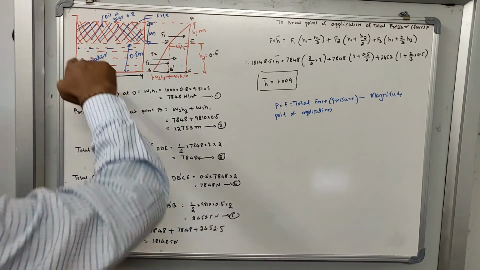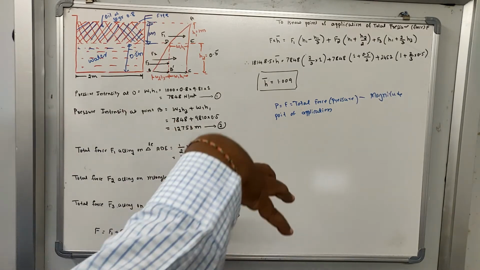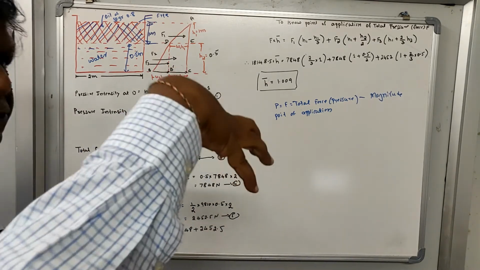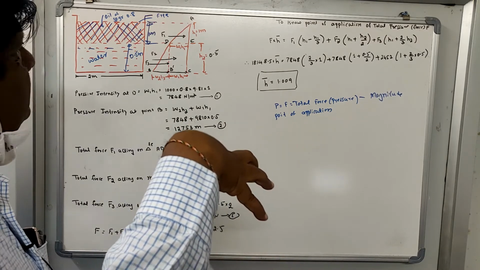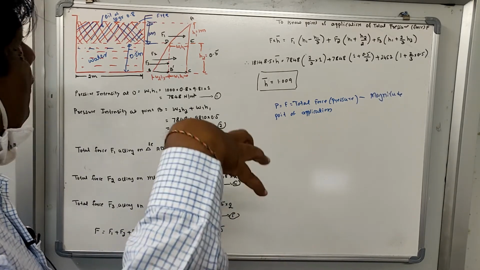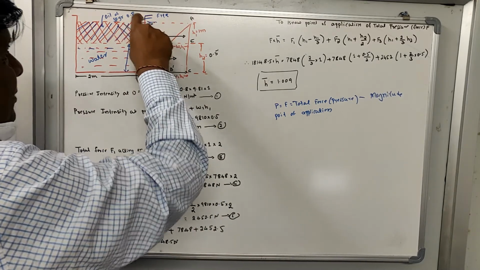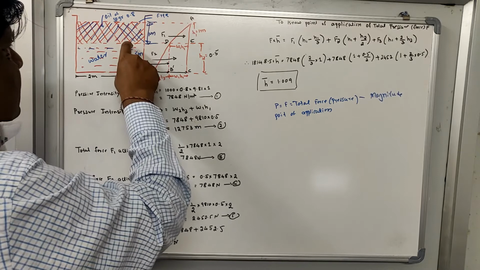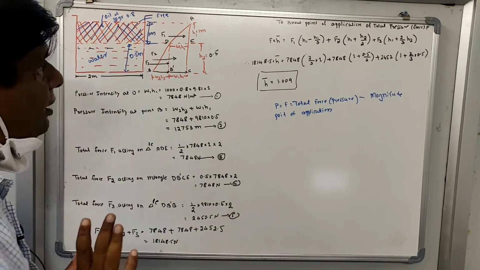This is a tank, and this tank consists of two types of fluids. The top layer is a fluid of specific gravity 0.8, and its depth is 1 meter, and the bottom layer is filled with water with a depth of 0.5 meter.